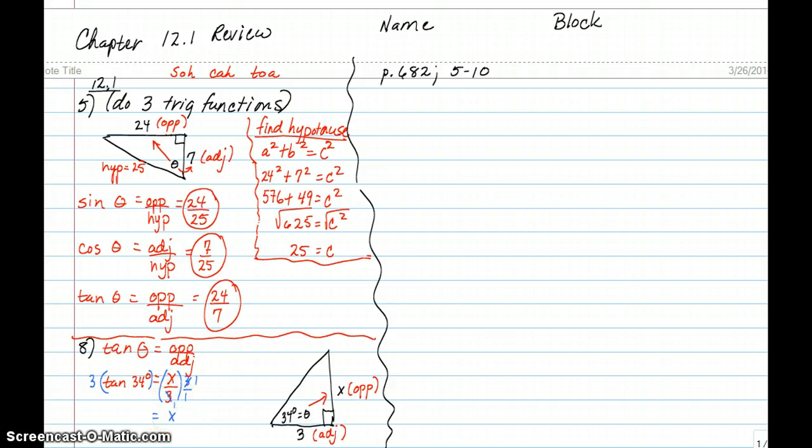Okay, so these cancel to 1, so you're left with x. And then you have 3 times the tangent of 34 degrees.